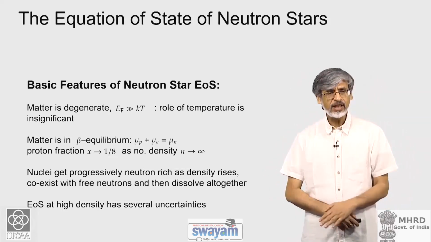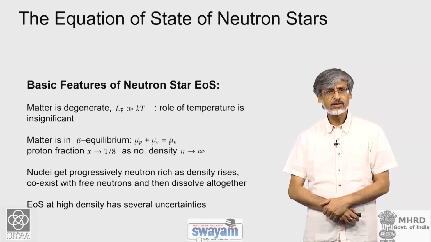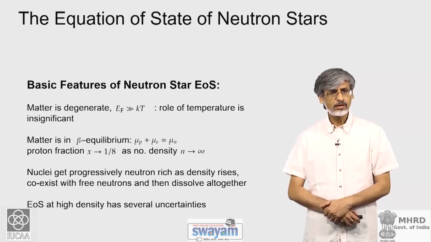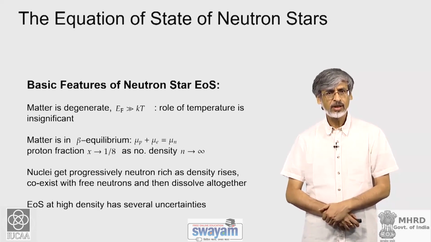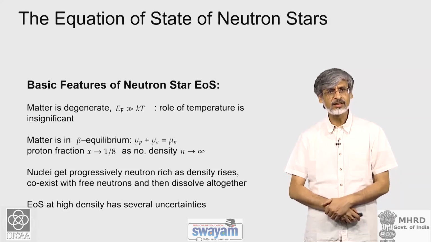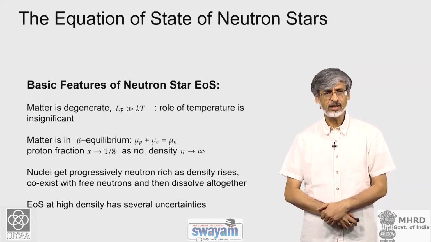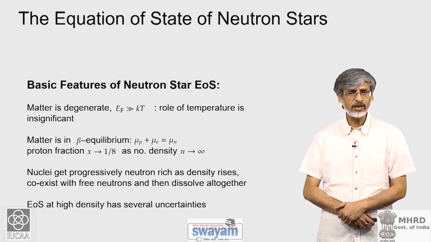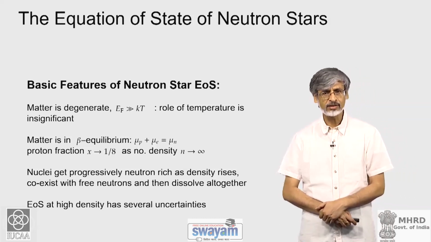The lower density part of this equation of state is reasonably well determined. However, at the very highest densities is where the uncertainty lies. The equation of state at very high density regions has several uncertainties.